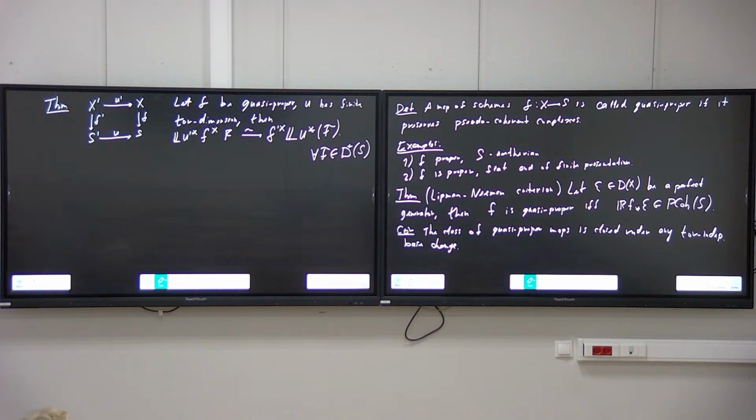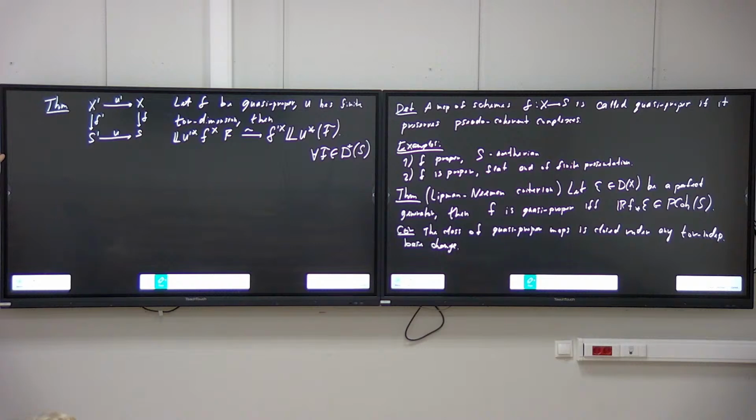Yeah, so this is one thing that you need, and you can notice that this works only for quasi-proper maps. If you're only interested in proper maps, you're probably interested only in the functor f upper cross. But if you want a larger class of maps and you want to have this base change, then instead of f upper cross, you need to work with the functor f upper shriek.